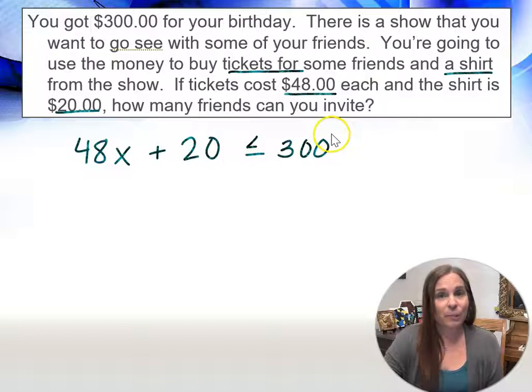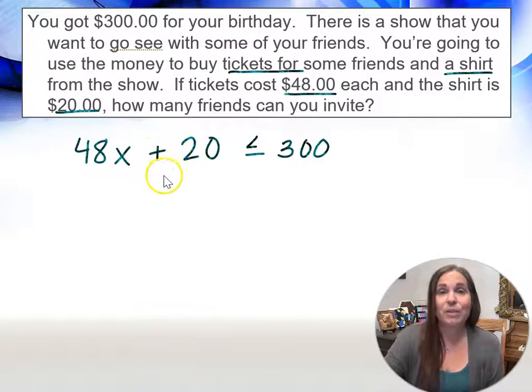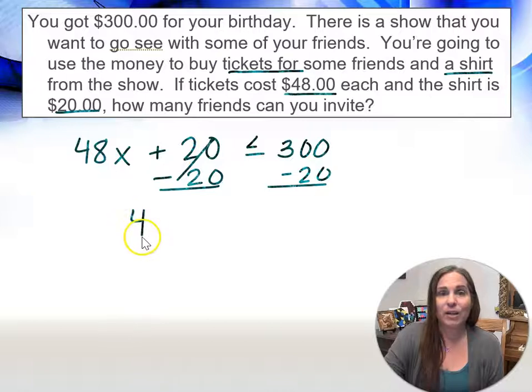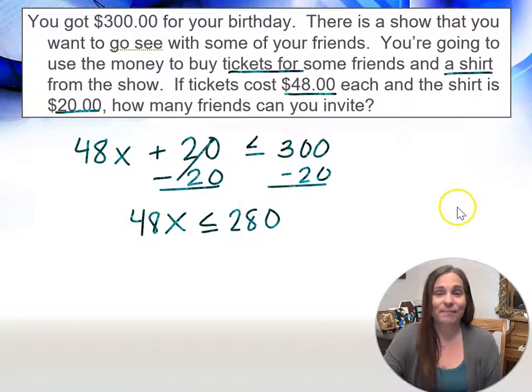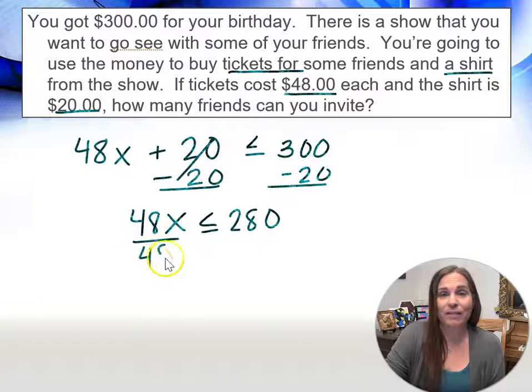So using order of operations, if I look at where my X is, the first thing order of operations would tell me to do is multiply by 48 and then add 20. So I'm going backwards when I'm solving. So that means I have to subtract 20, right? Subtract 20. And then I get 48x is less than or equal to 280. All right. And now I have to undo the multiplying by 48. So I'm going to divide by 48.